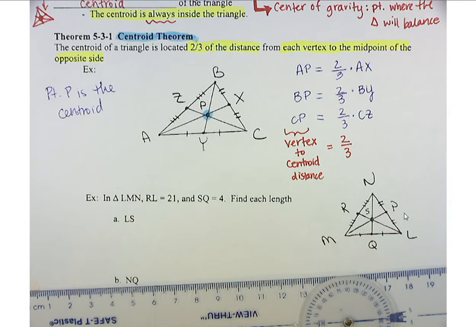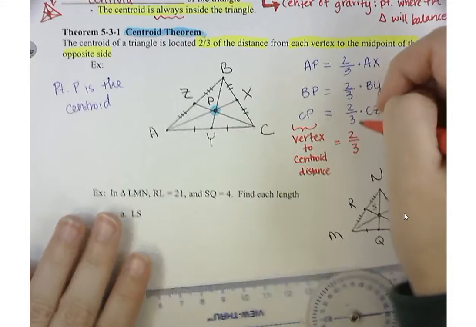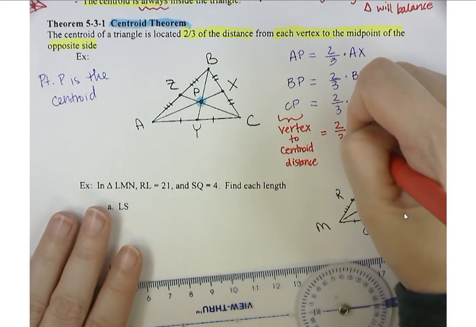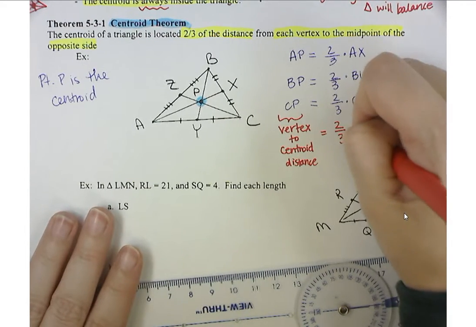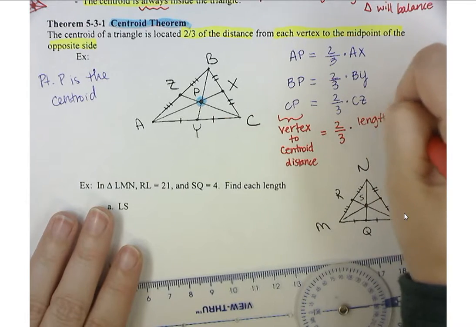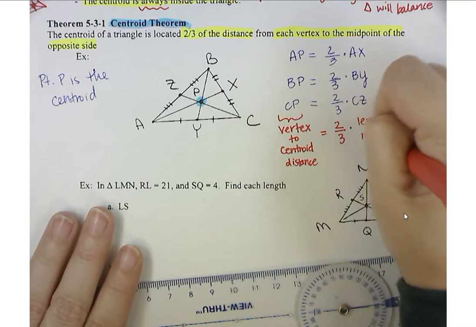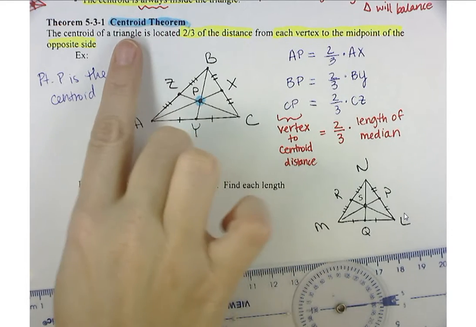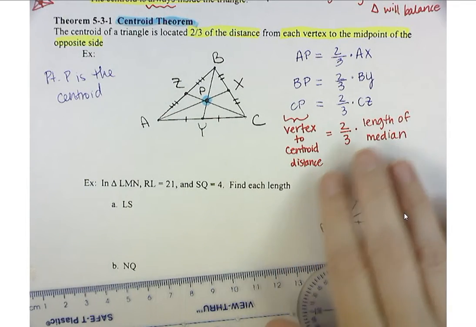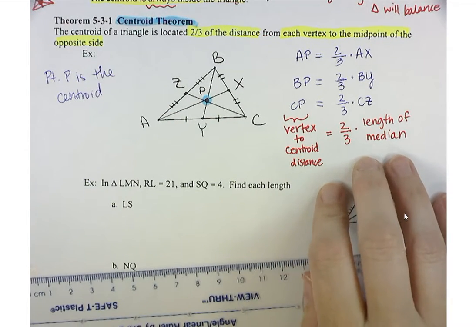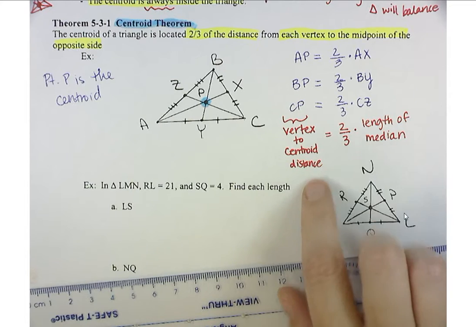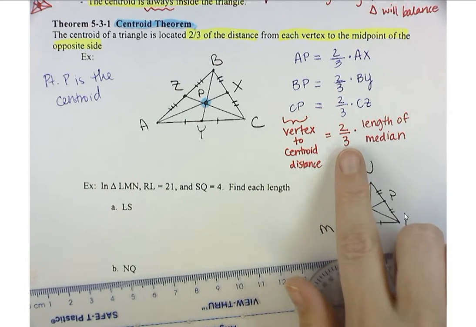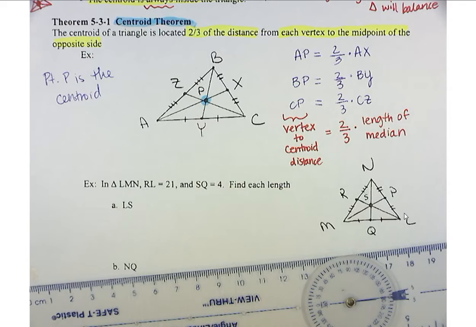What would we call those? They're medians. Okay, so this is going to be 2/3 times the length of the median. Right, which is what the centroid theorem tells us. It's just kind of nice to put it in our own words. So from the vertex to the centroid, that distance is going to be equal to 2/3 the length of the median.